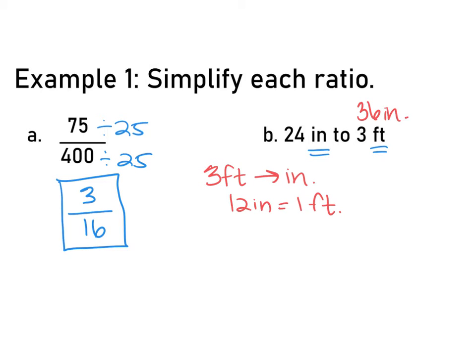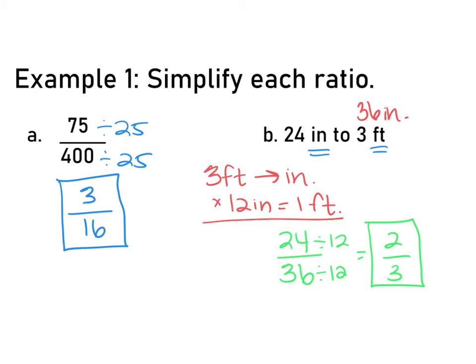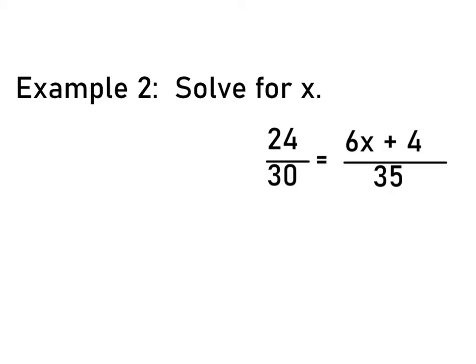If 12 inches is 1 foot, but I have 3 feet, I just take 3 times 12 to figure that out. So now I want to simplify 24 over 36 and not 24 over 3. Because if I'm comparing, I want to compare same units. So 24 and 36, both divisible by 12. That would give me 2 over 3. And that is simplified.